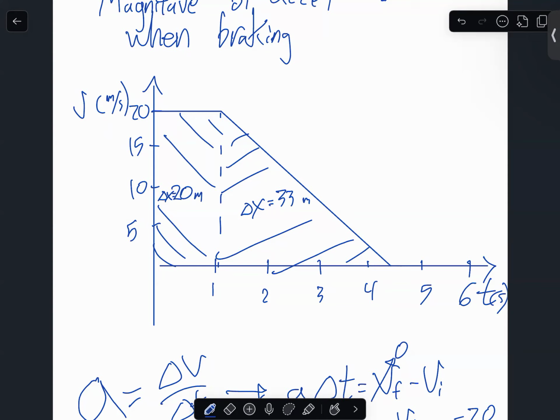I will remind you that milli is thousandth. Kilo is thousands.